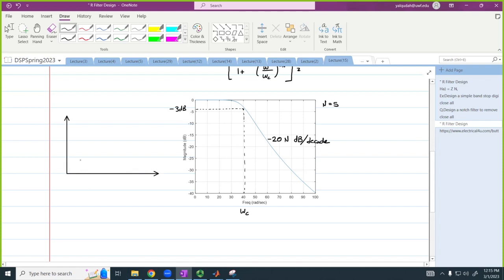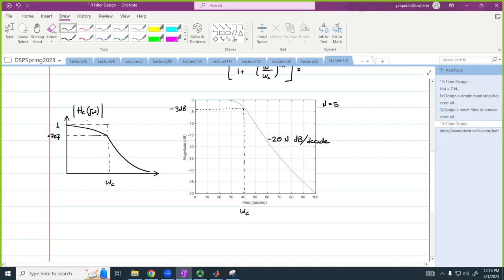If I were to plot the magnitude, it's going to look something like this. This is my cutoff, this is 1, and this is 0.7. So this is the magnitude of H_c of j omega.